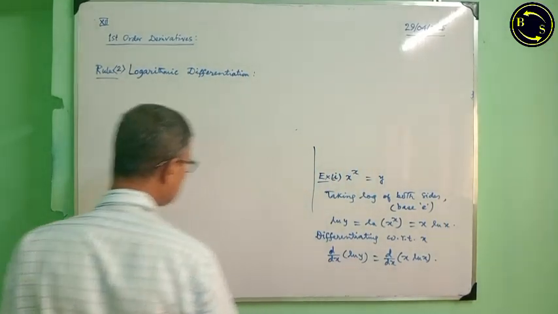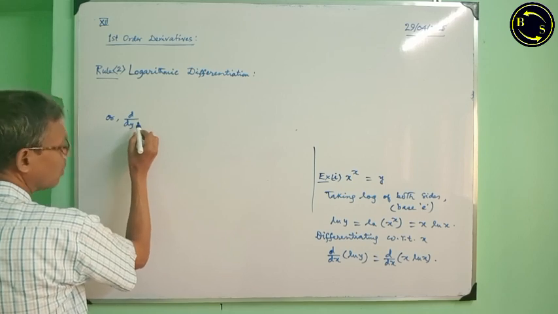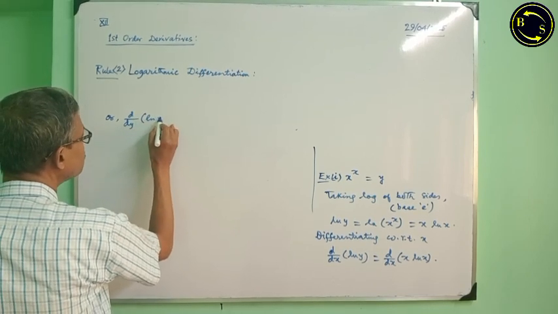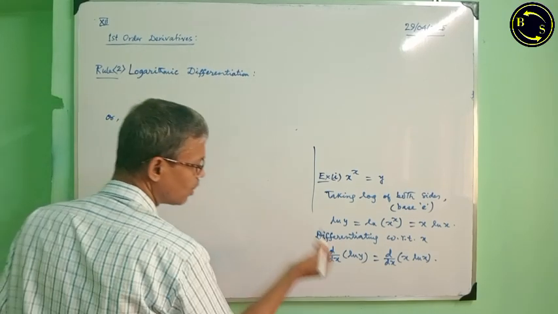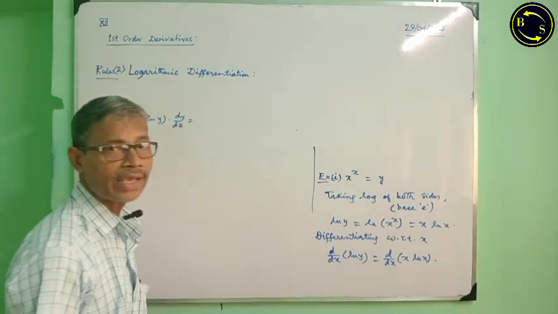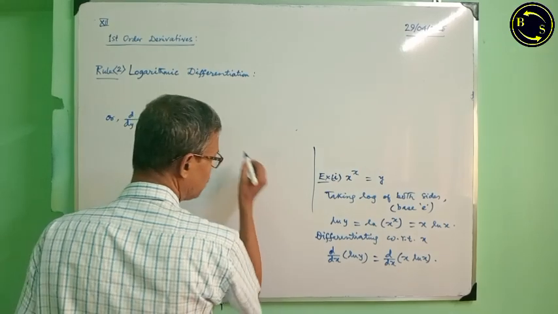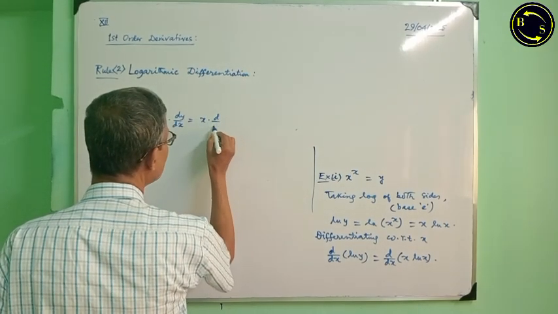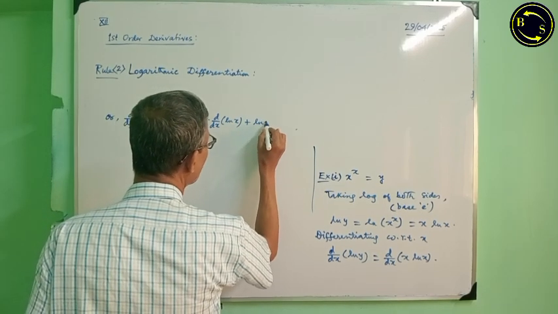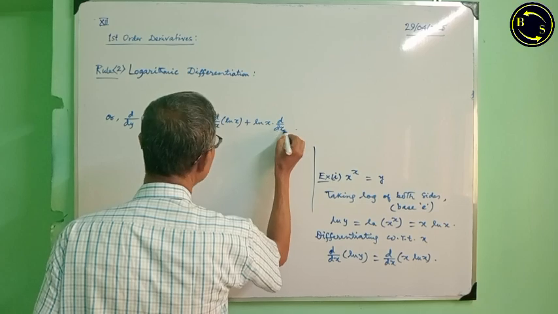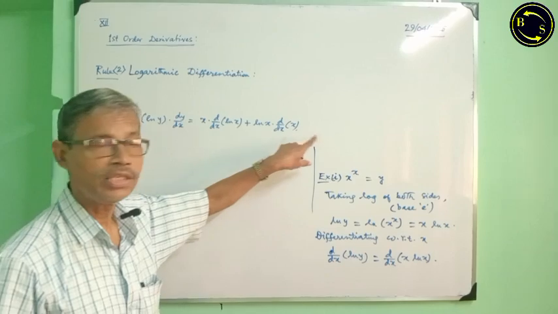Now this is a function of y, or d/dy, we are using the chain rule, into dy/dx is equal to, now u into v form, x log x, a product of two functions of x, x into the derivative of log x plus log x into the derivative of x, form u dv/dx plus v du/dx.